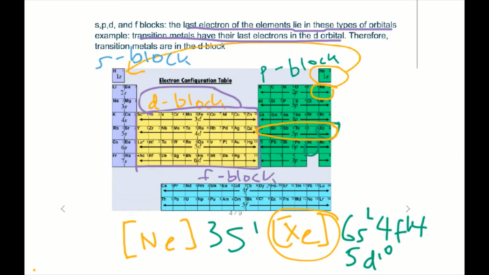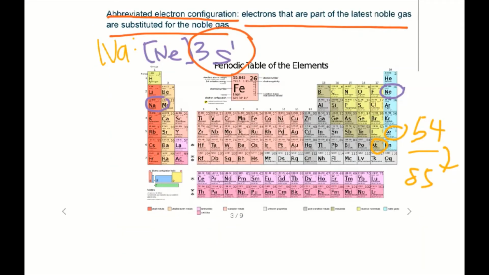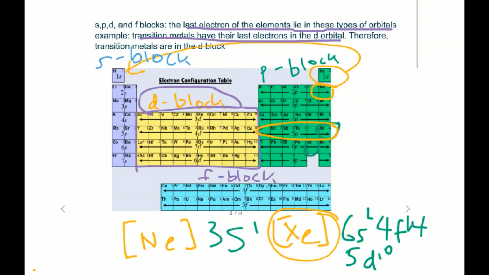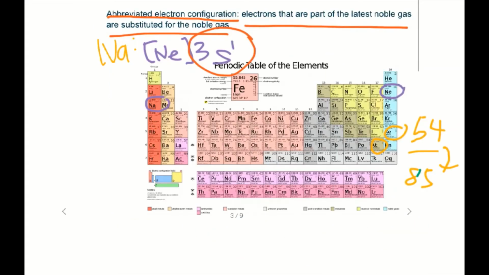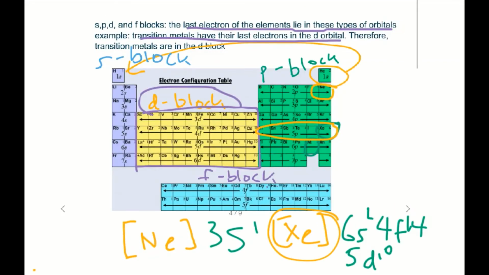And then let's see if we have exceeded the amount of electrons. So 54 to 85. So far, we have accounted for 16 plus 10. This accounts for 26 electrons so far. So 54 plus 26 is equal to 80. And it looks like we're 5 away from 85. So we just need to add 5 more electrons.